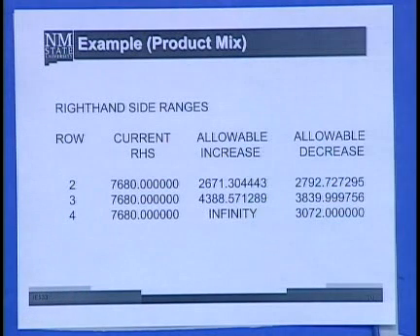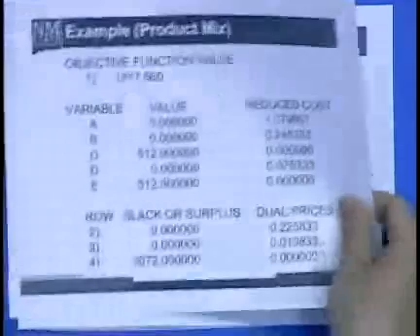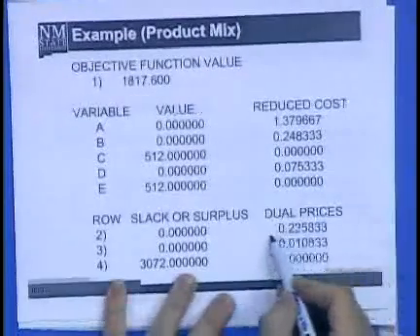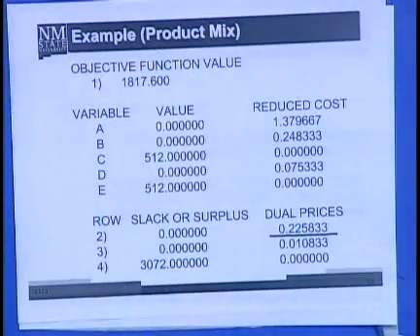So with 4 hours of overtime, the current dual price for row number 2, which is this value, is still valid. Okay? What is the dual price?